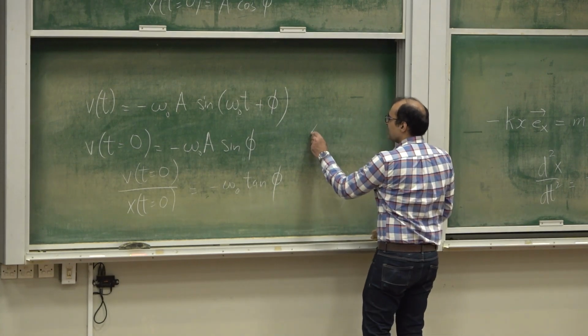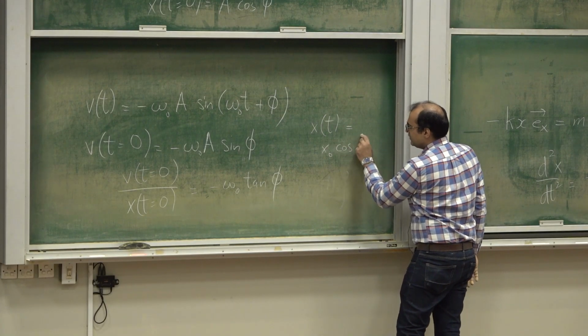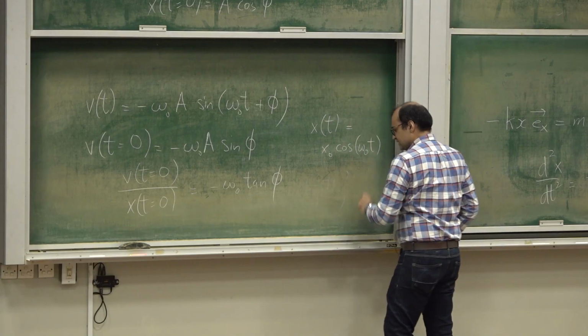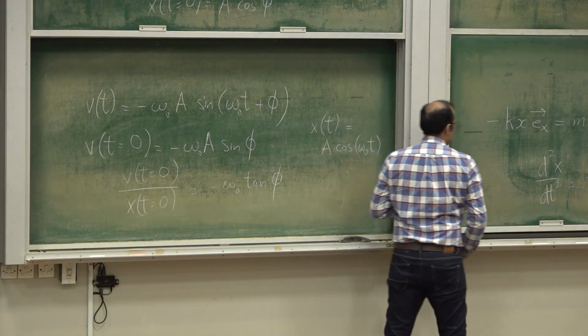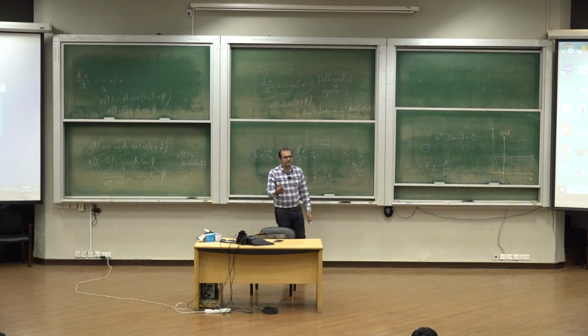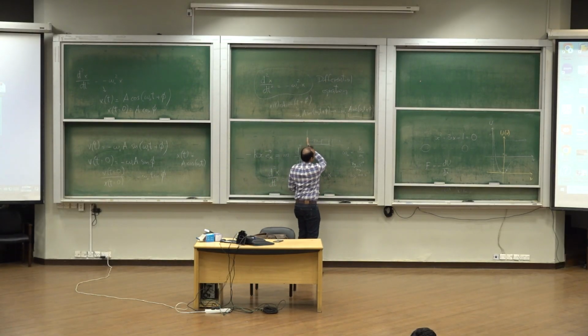तो इस केस में आपका फंक्शन सिंपली क्या आ जाएगा? x naught cosine of omega naught t. I should just write a to be general. And so on and so forth. If you started your clock जब आपका ऑसिलेटर जो है, आपका ब्लॉक जो है यूं हो के फिर यूं के इस तरफ जा रहा है.